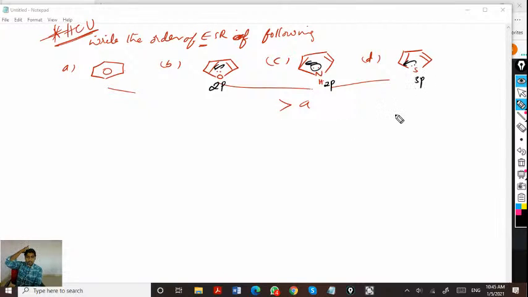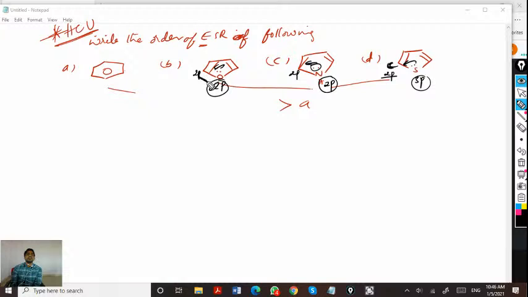So whenever five-member ring systems are there and you need to compare the conjugation or the electron density, you need to see the outermost orbital, because if it is donating the lone pair, the receiving is going to be done by the carbon, which is in the 2p.